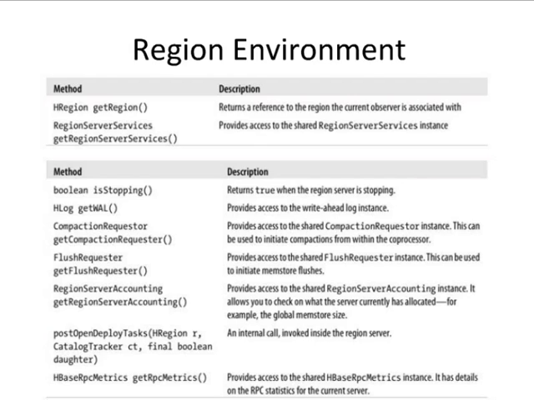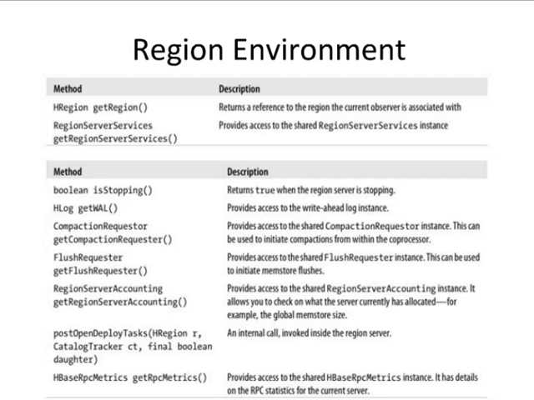So the pre-open and post-open that you implement, the first parameter, or the only parameter in this case, these calls don't have any extra parameters, always get something that's called an observer context. So the observer context is the one that is, as you can see, related to the coprocessor environment. That's the one that you use to retrieve all of the details. So when you are called, you always get the context, and you're dealing with the context.